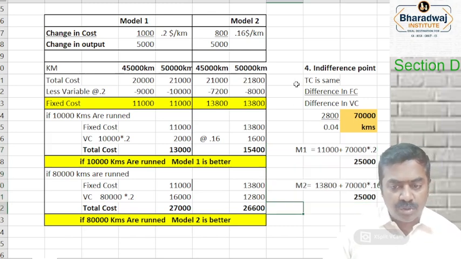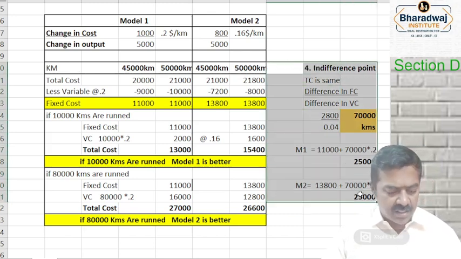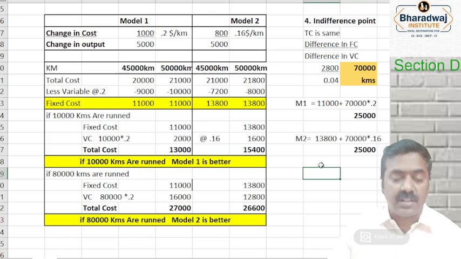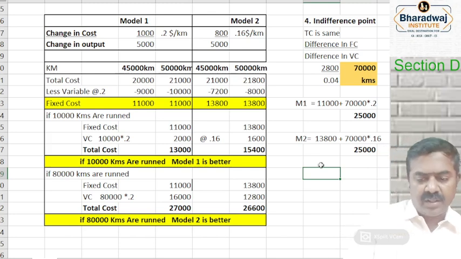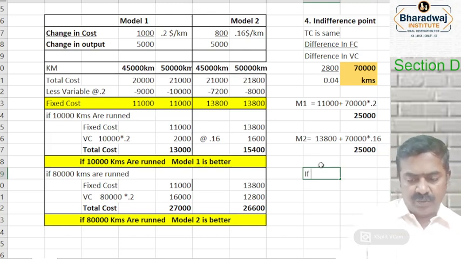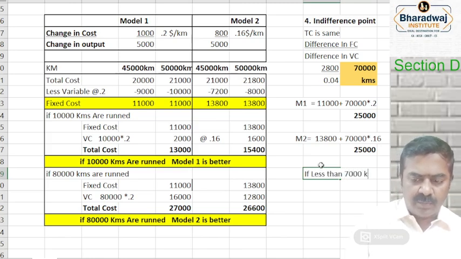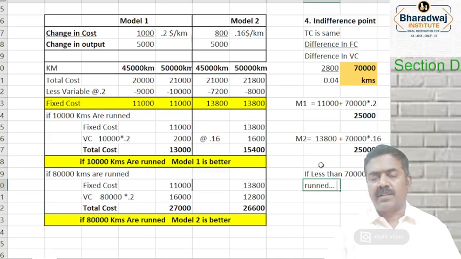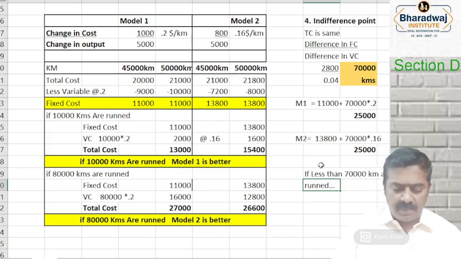Now, most important is decision making, because as a cost and management accountant, you should decide and communicate to the organization which model is better. Simple. If less than 70,000 kilometers are run, which model is better?